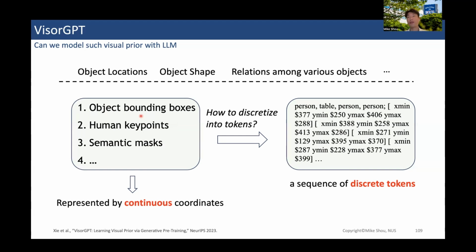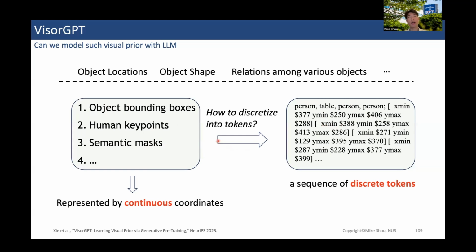For each object, you have 4 coordinates to represent it, like x min, y min, x max, and y max. For another bounding box, we can also have 4 coordinates.